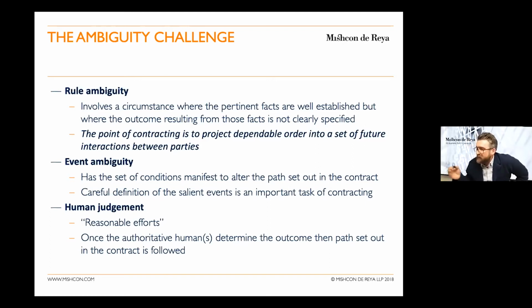But just to pick up on May's point again about humans in the loop, there's a lot of human judgment in the way these contracts are structured at the moment, and the risk is mitigated in terms of reasonable efforts.